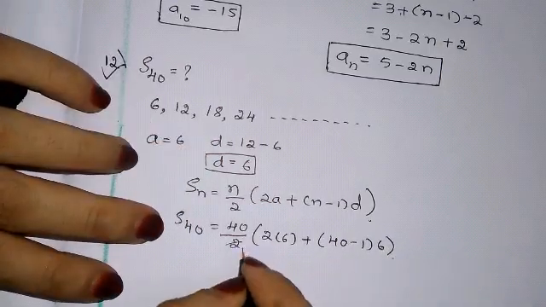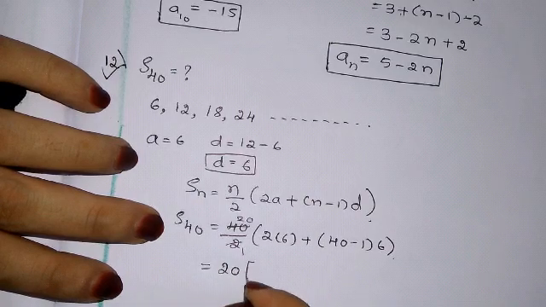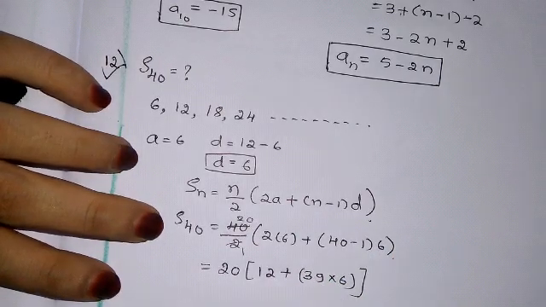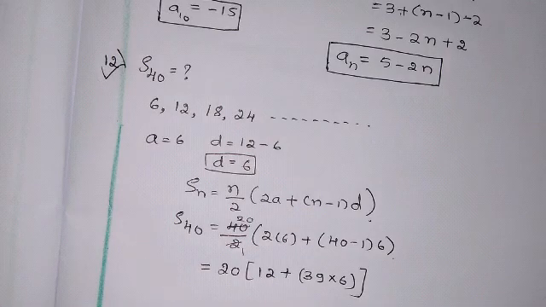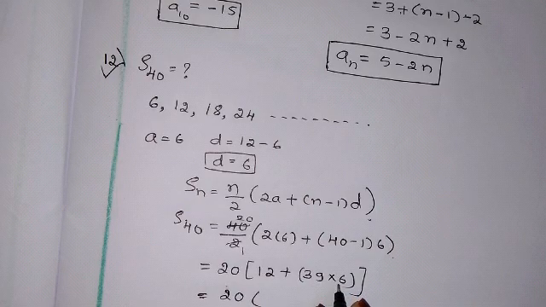Let us see, 2 ones are 20. We got 20. 6 twos are 12, plus 40 minus 1, 39 into 6. Now let me see, 39 into 6 is what?